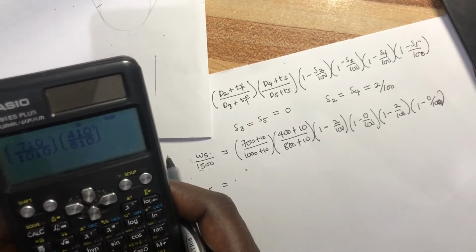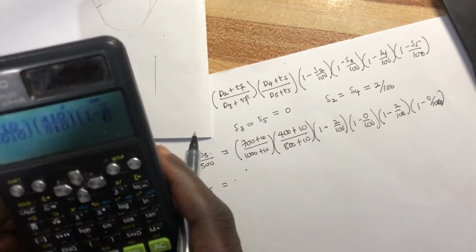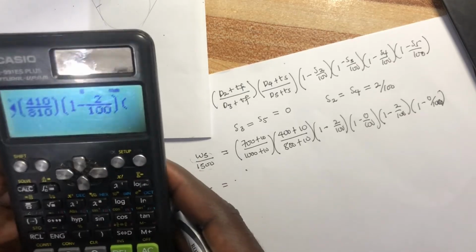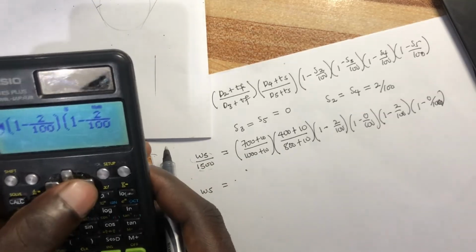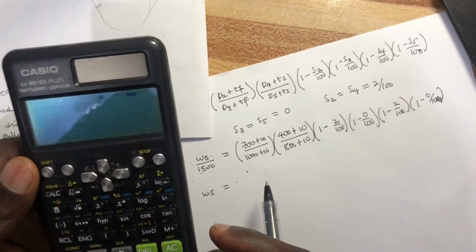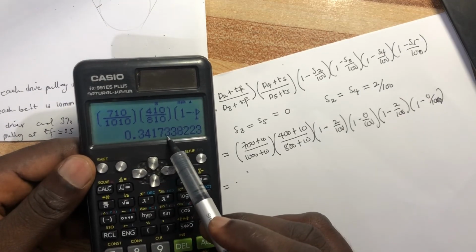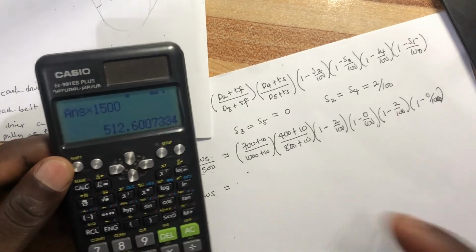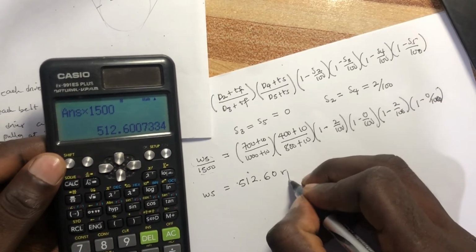I'm adding the 10, 1 minus 2 on 100, then 1 minus 2 on 100. I wouldn't do those that have 0 slips because they will go to 1, there will be 1 there. So I have 0.3417 times 1500. So omega 5 is 512.60 rpm.